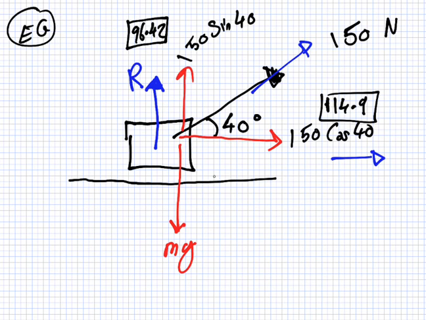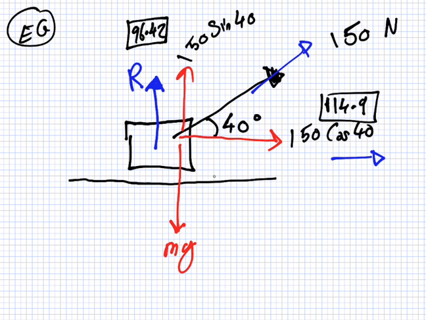There's a force going down, which is the weight, but because it's not moving, there must be a force going up. And there is. The table is pushing up. That's what that R is. It's called reaction. It's the up force from the table to cancel the mg.